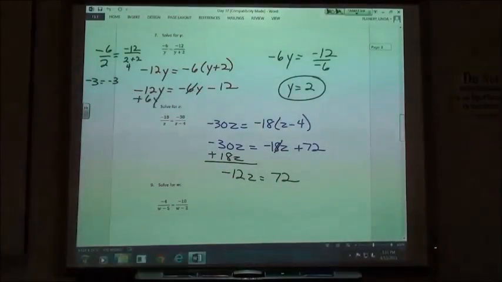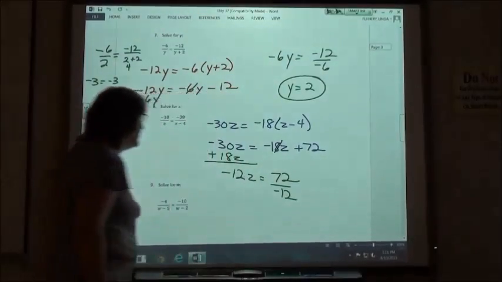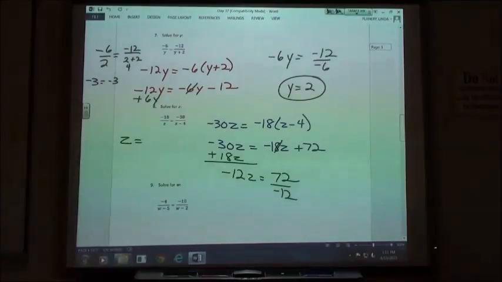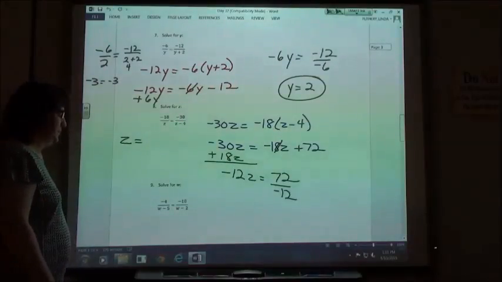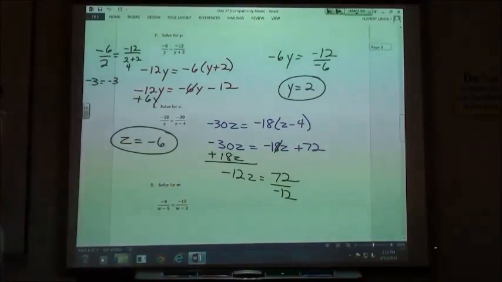And then my last step, divide by that negative 12. 72 divided by negative 12 would give me negative 6. So z is equal to negative 6.